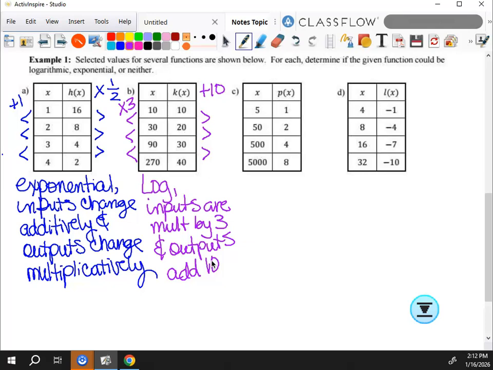Y'all actually talk this time, okay? Multiplied by 1/2. Wait. No. I said never mind. It is logarithmic. Being multiplied by 10. And then the second one is also logarithmic.